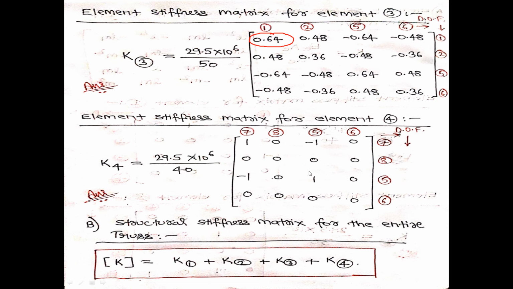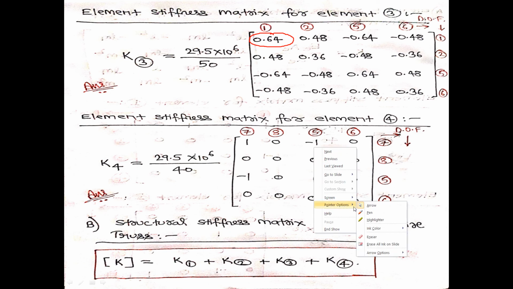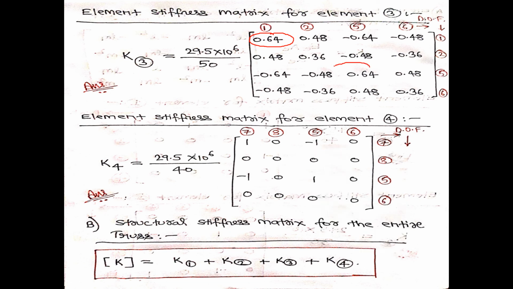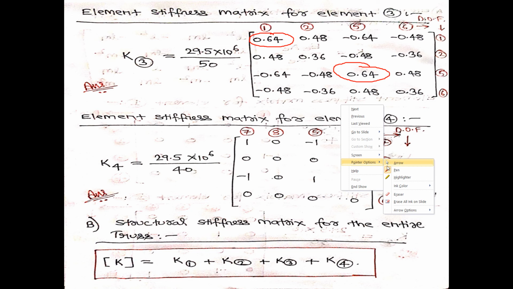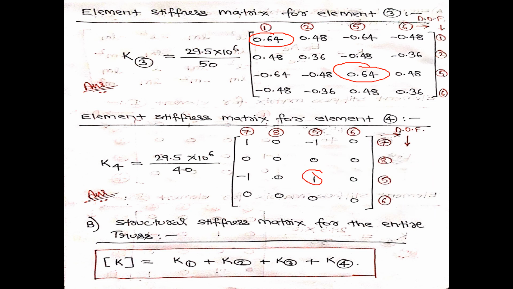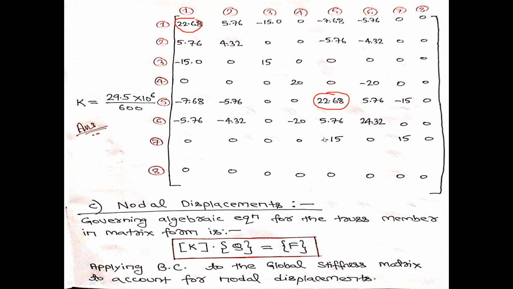For the third element, it is present and the value is 0.64, so 0 plus 0.64. For the fourth element, again it is present, that is 1, so 0 plus 0.64 plus 1. After that you take some values common and solve it. If you do it like this, finally you will get this 8 cross 8 stiffness matrix.